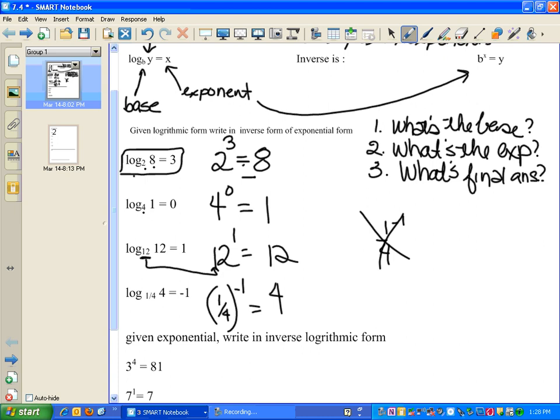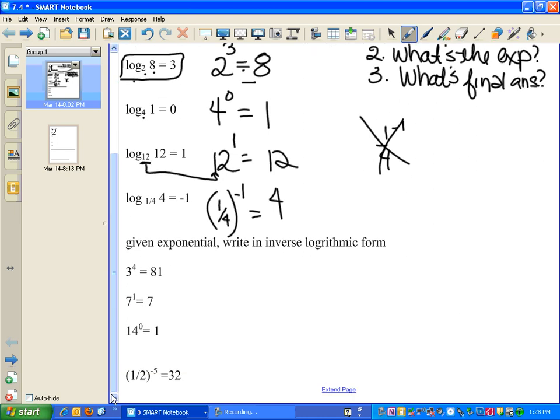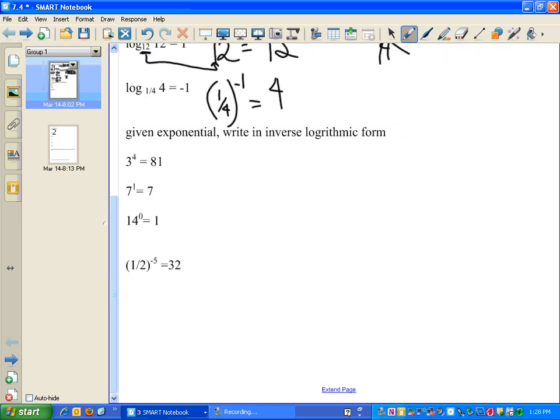All right, now we'll go the other way. And so you ask yourself still the same questions. You start by writing the log. And you ask yourself, what's the base? So you put this little 3 down here. It's a little bitty subscript. And then you kind of flip-flop these. What's the answer? What's the exponent? Are they going to fix problems where it's not right? No. Okay. So log base what?